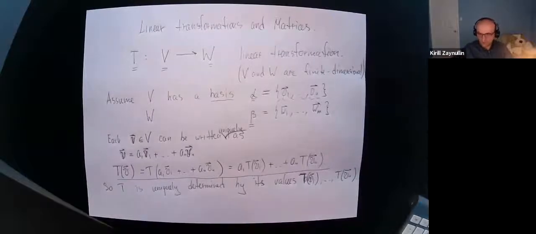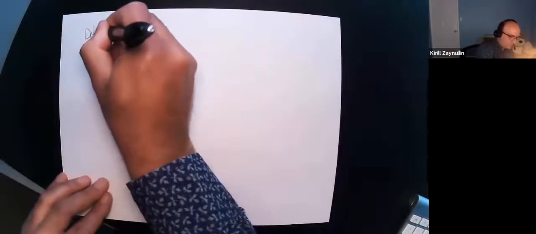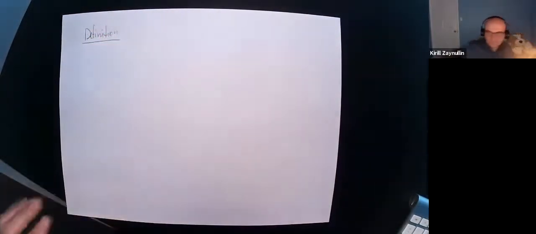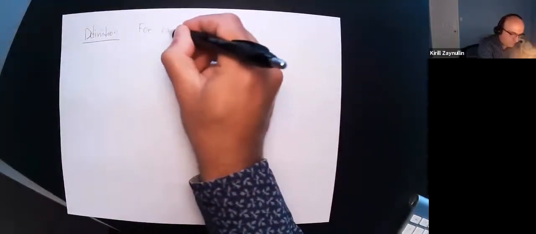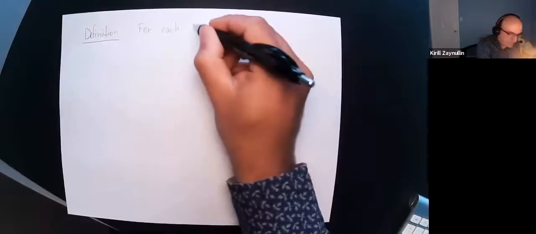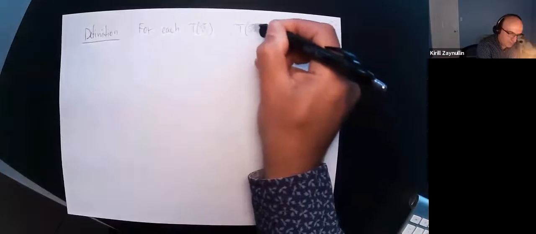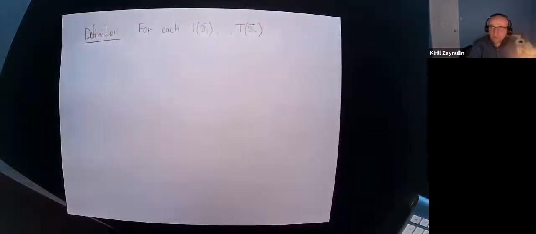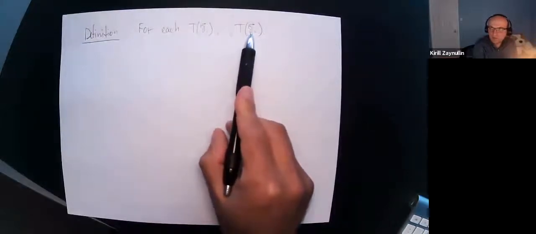Now, we kind of memorize this fact. What we can do next is the following definition. For each of those values, say T v1 up to T vn, remember that they now sit in W, in the codomain.